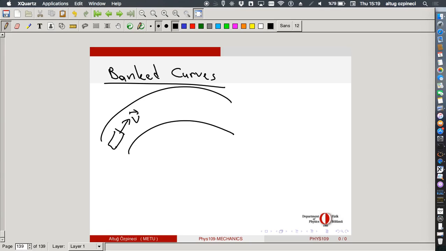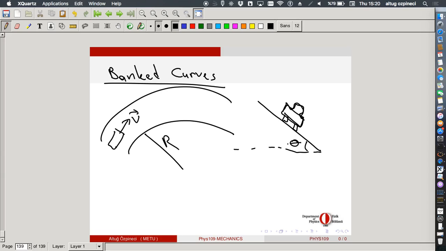Let's say the radius of the curve is r, but the road is not flat, not horizontal. The road has such a shape. So this is your car, and this angle over here is theta. Let's ignore friction. There is no friction.